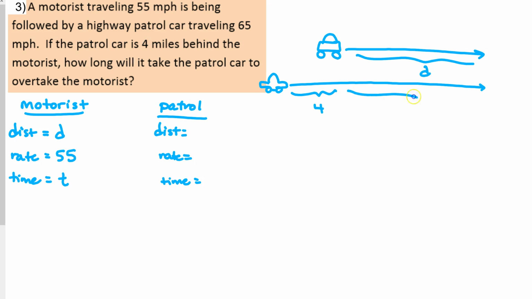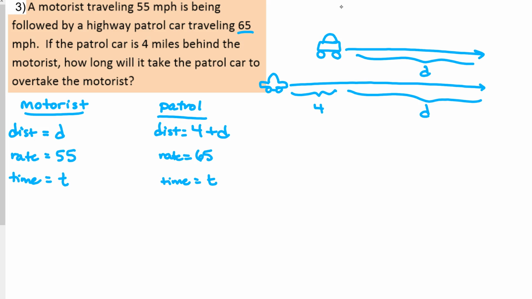Well, we know that would be 4 plus D. What rate is it going? We're told that's 65 miles per hour. And how long does this take? And they're traveling for the same amount of time. Maybe not for the entire length of the trip, but for the portion that we're interested in.